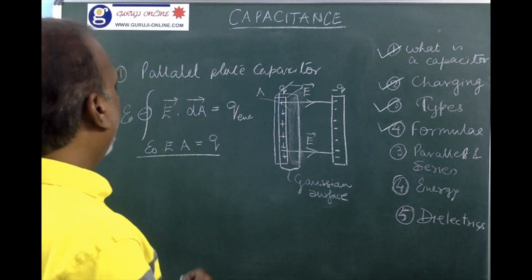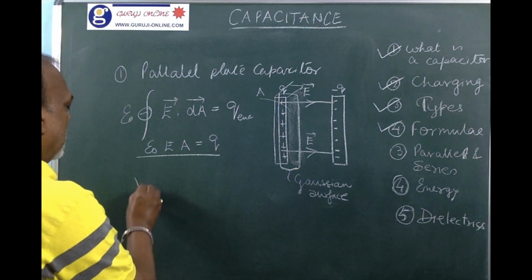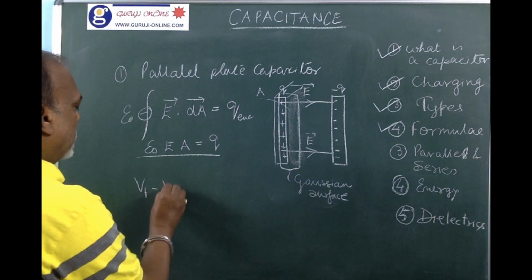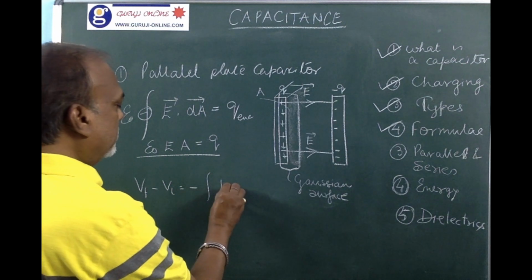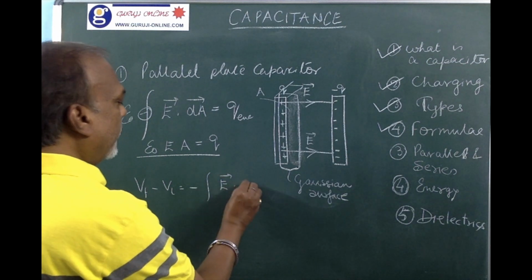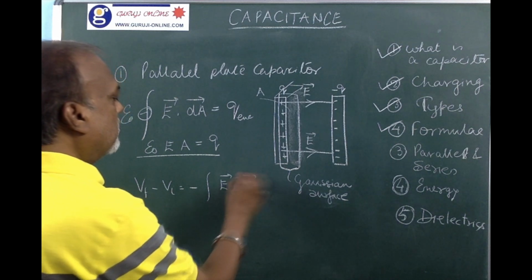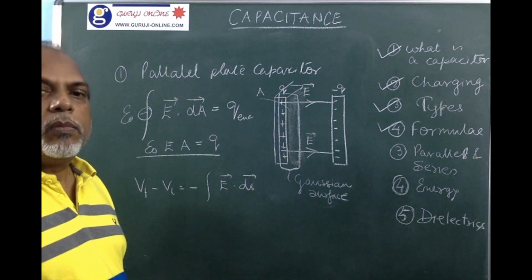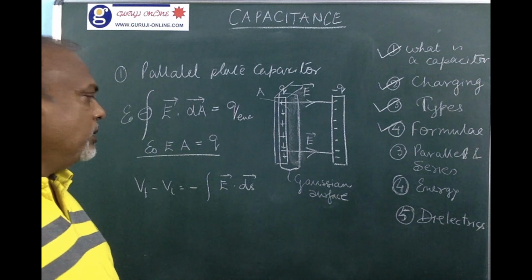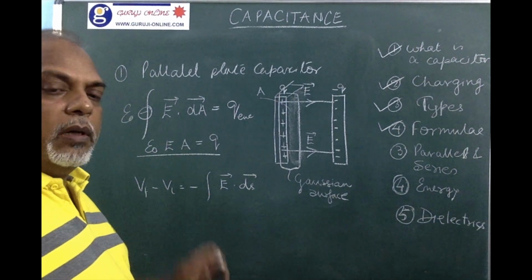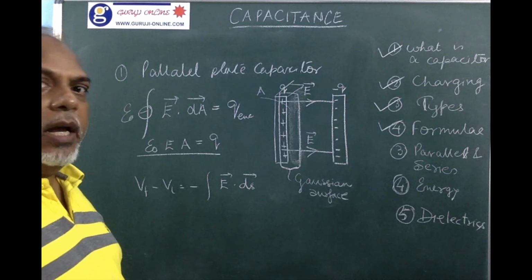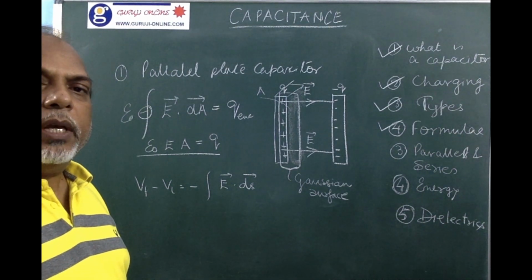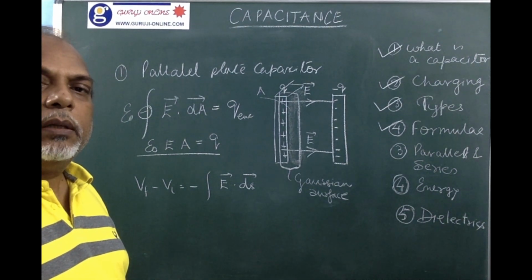Another formula we have learned, Vf minus Vi, correct. In our last video with respect to electric potential, we have seen this formula.